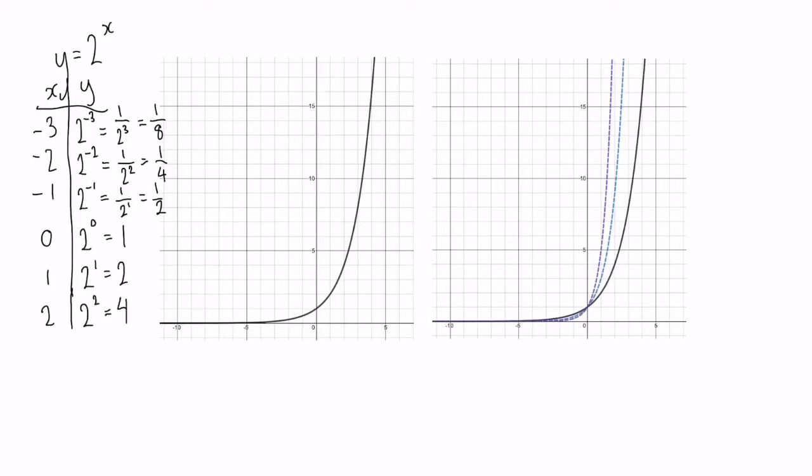So, looking at those points now from my table on the graph, if x was negative 3, y is a really small value there, an eighth. If x is negative 2, y is a quarter, negative 1, a half, 0, 1. That point there, 0, 1, is a really key feature for our exponential graphs.